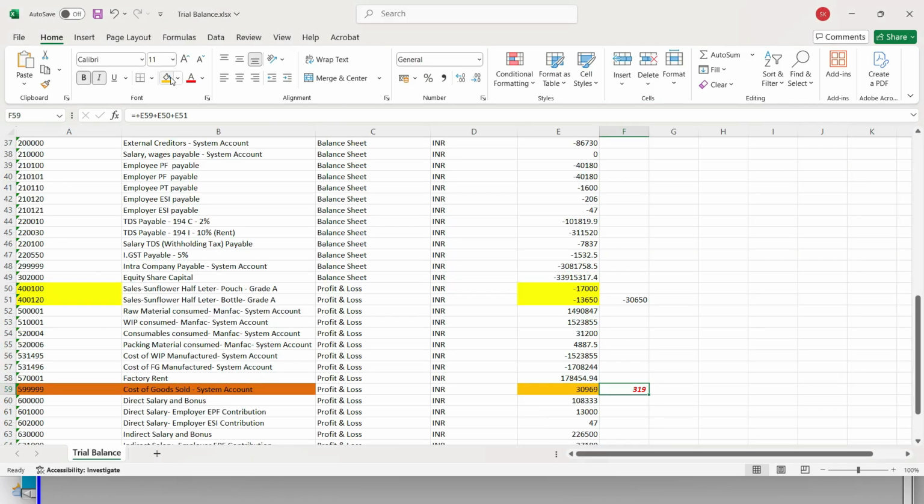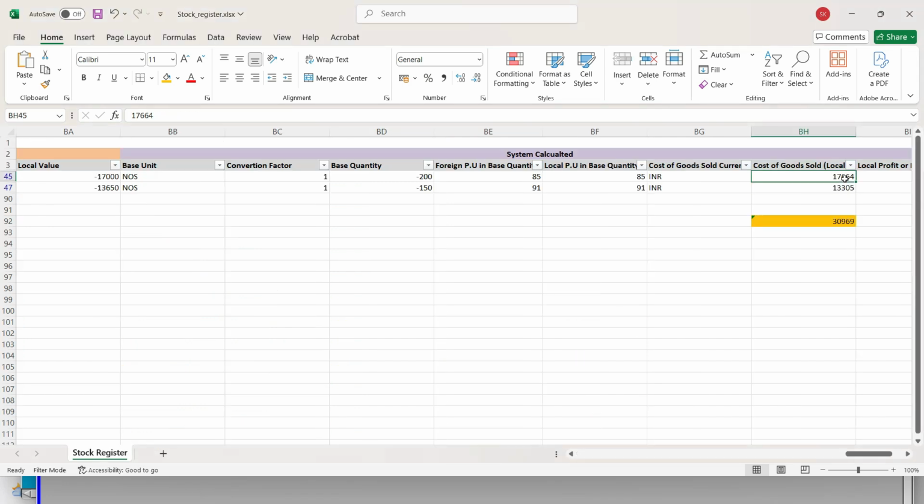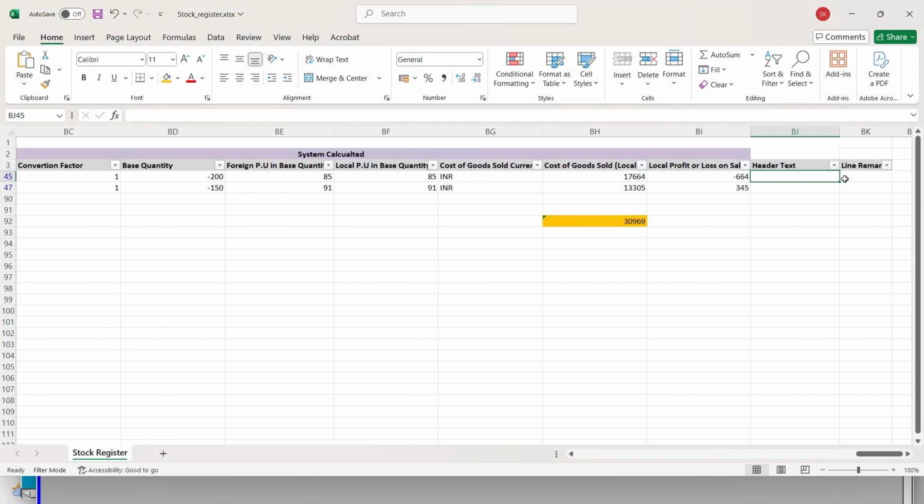30,969. So this is the entry 30,969 the system has passed, and it is telling that I made a loss of 319. But I sold two items. How much is my loss? It is saying that for half liter pouches, there is a loss of 664, whereas for bottles there is a profit of 345. One is in minus and one is in plus.